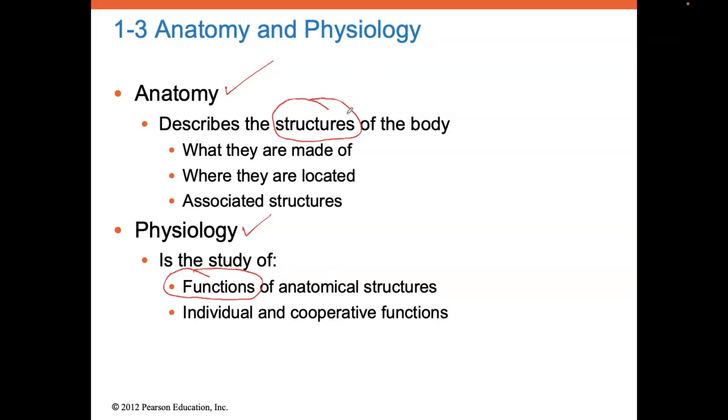We say that structure determines function, and that's why we do dissections. That's why we look at cadavers, because when we look at the way something is structured, like maybe a shoulder joint, for example, or a hip joint, we see that it's like a ball and socket type of articulation, compared to maybe an elbow or a knee that's more like a hinge joint.